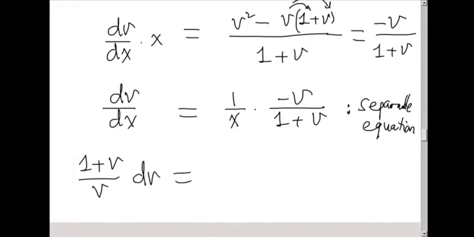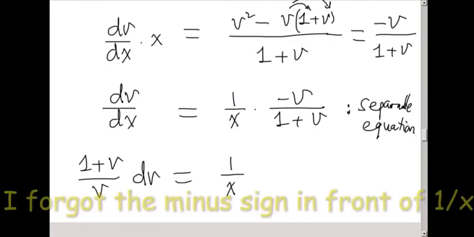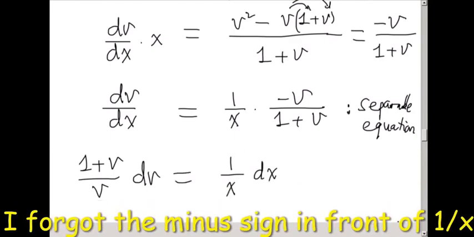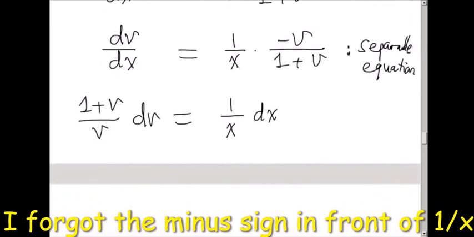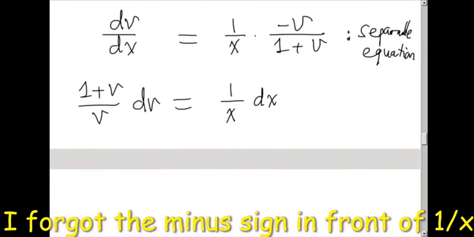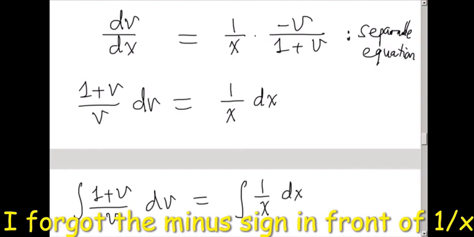So cross multiply in a way to make sure that the equation is separated, one side for x, one side for v. And now we're going to integrate the integral of 1 plus v over v dv equal to the integral of 1 over x dx.